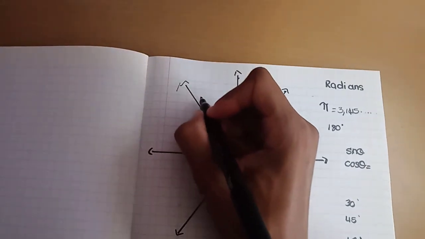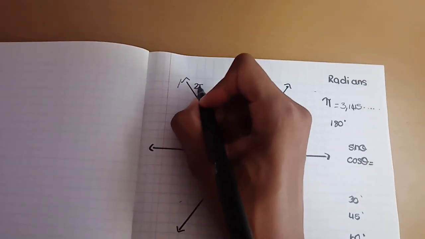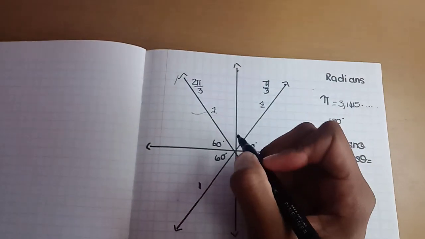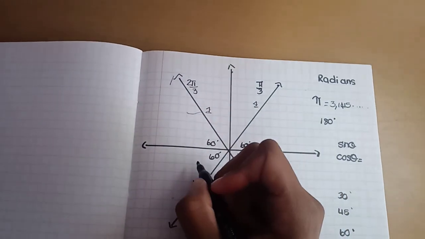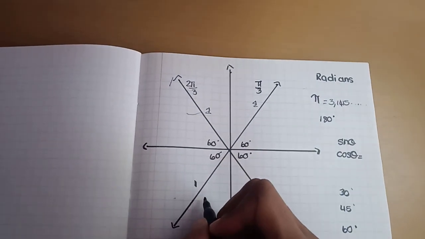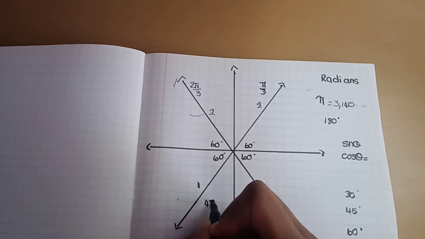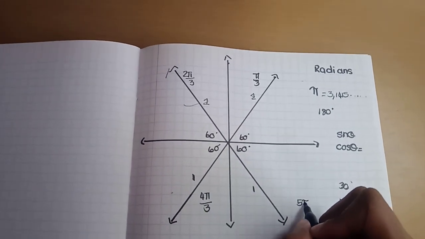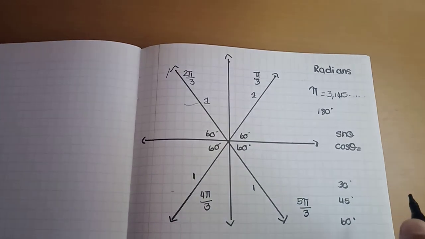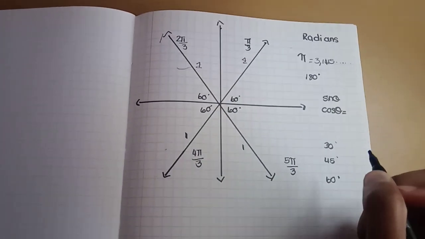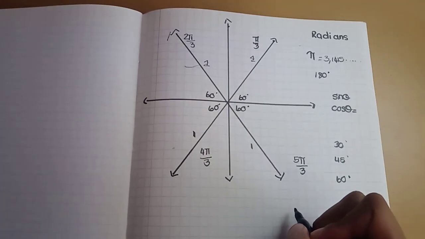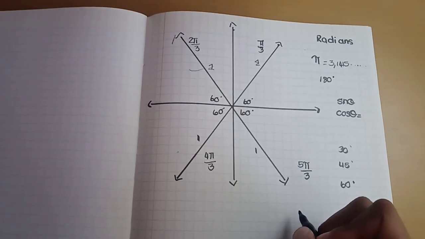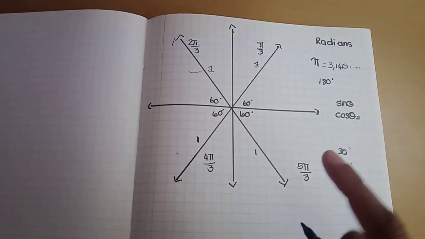The next one is going to be 2 pi over 3, the next one 4 pi over 3, and the next one 5 pi over 3. The reason I'm using this is that I'm going to show you how you can incorporate this into finding the special angles.